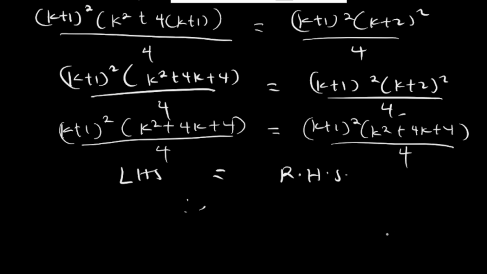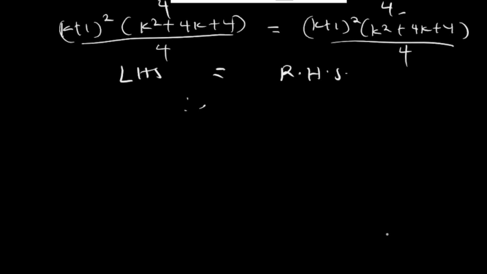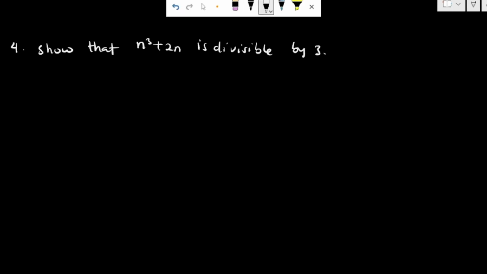Now let's go to our final example for this, and our final example, that is number 4. So this is the final example in this round. We have to show that n cubed plus 2n is divisible by 3. In divisibility problems, it follows the same order.